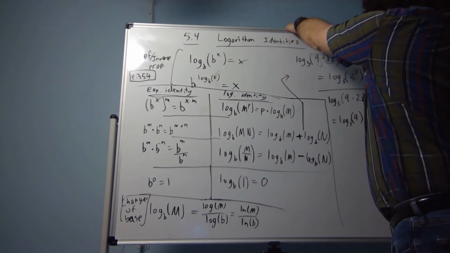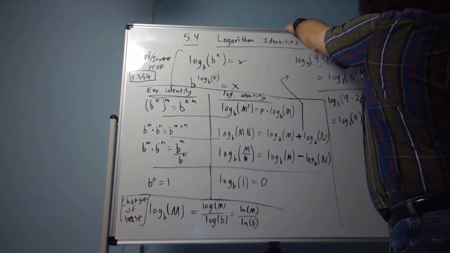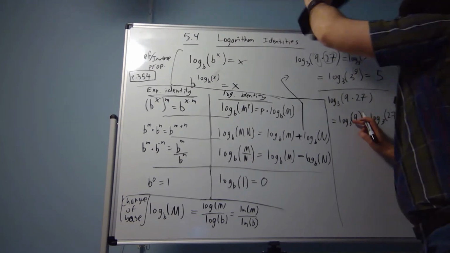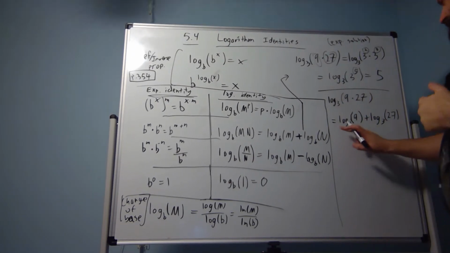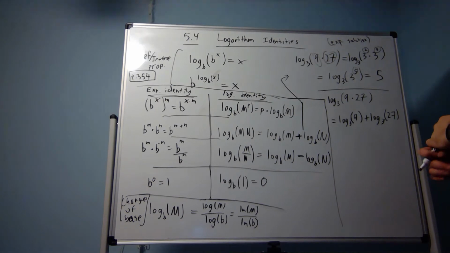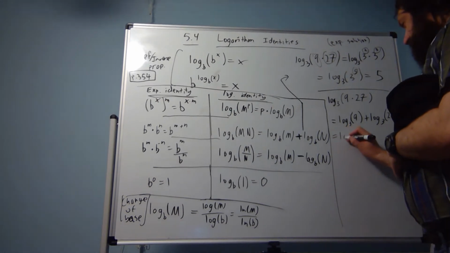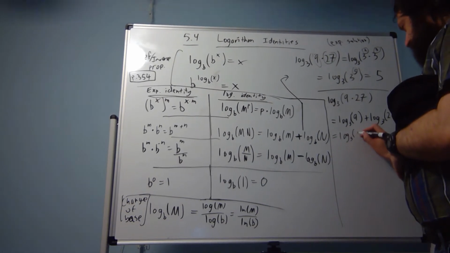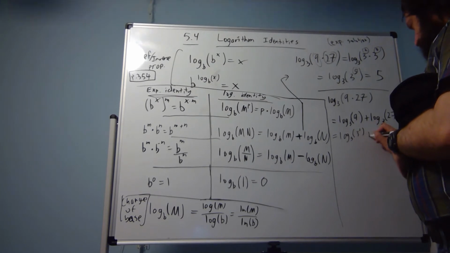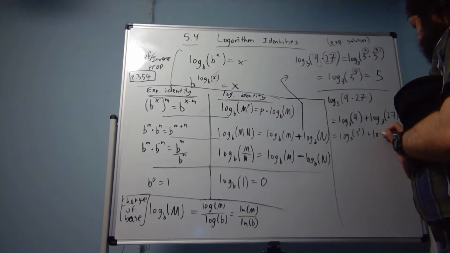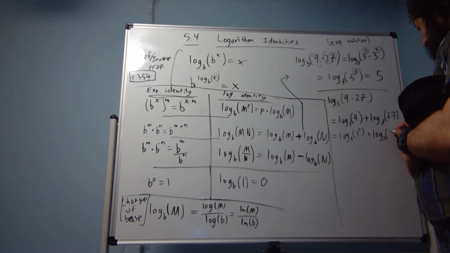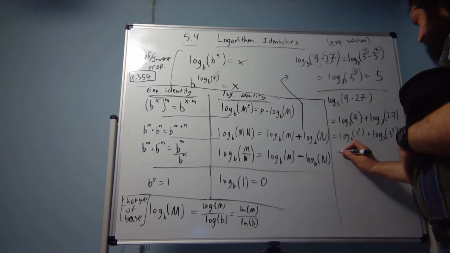The brand new identity says that instead of manipulating the product, we just apply the identity. We just add the logarithms. And if it so happens that those individual numbers are really nice, then we'll get the same thing, but we go about it in a different direction.